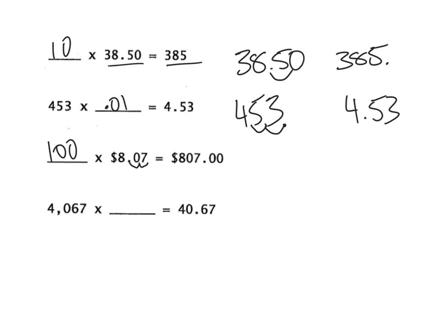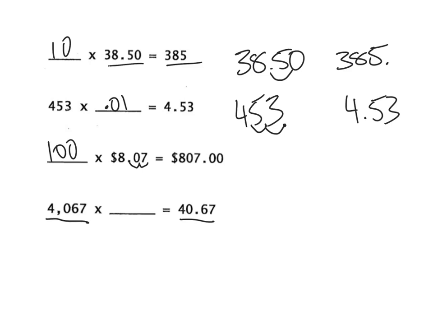Last example, you're going from 4,067 to 40 and 67 hundredths. Again, you're going from something in the thousands to something just at 40. So you're getting smaller there. So again, think, I can't multiply it by 10, 100, or 1,000. I'd have to multiply it by a part.